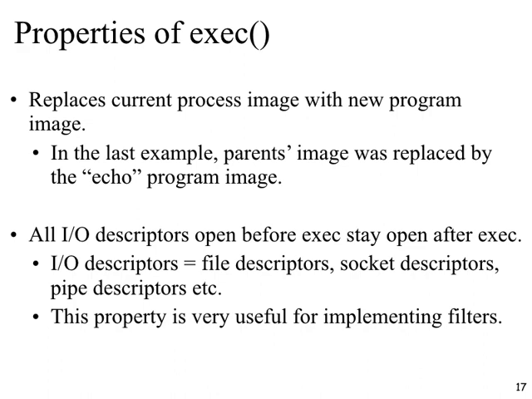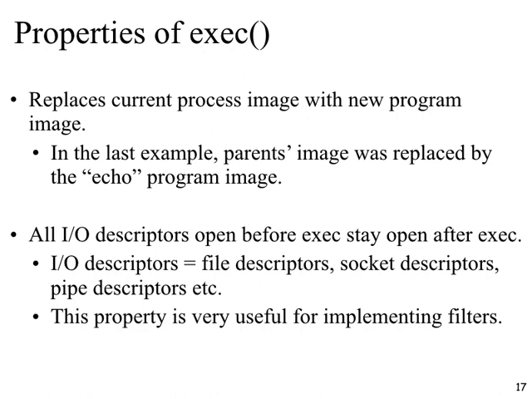And there is also another interesting property of exec. If you had certain files that were open in the process before exec was called, then those files will remain open in the new program image.